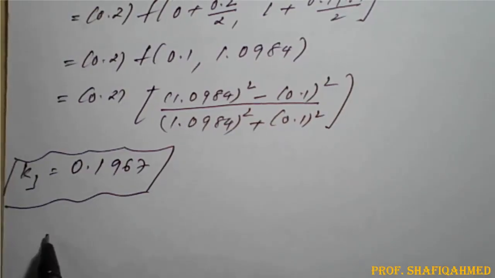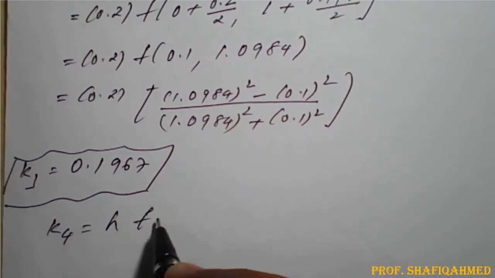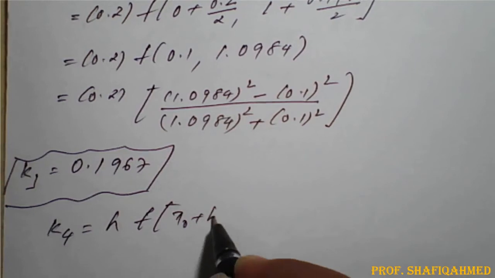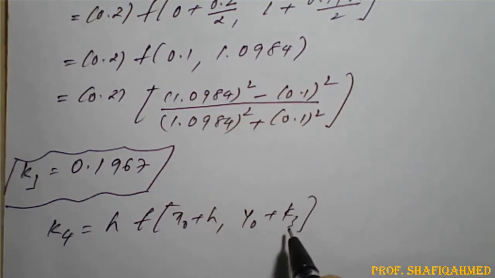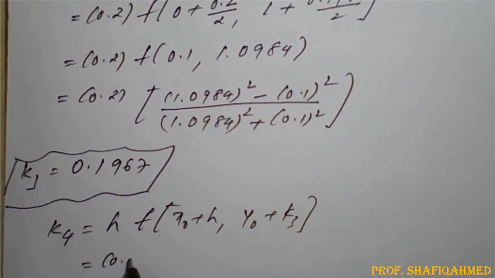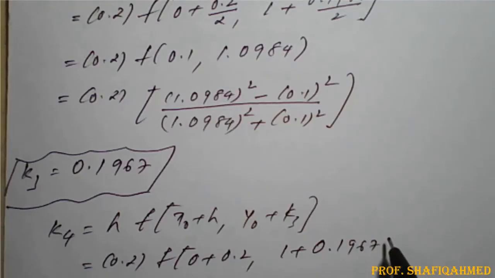Okay. Now finally we need to find the value of K4. So K4 is h into f of (x naught plus h, y naught plus K3). h value is 0.2, f of x naught is 0, h is 0.2, y naught is 1, K3 we just got is 0.1967.